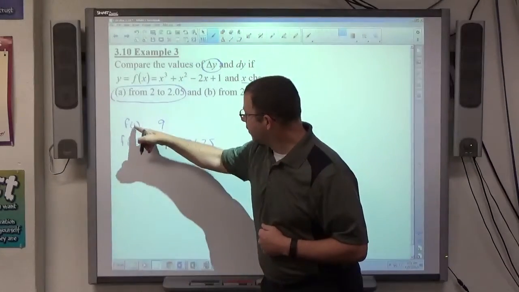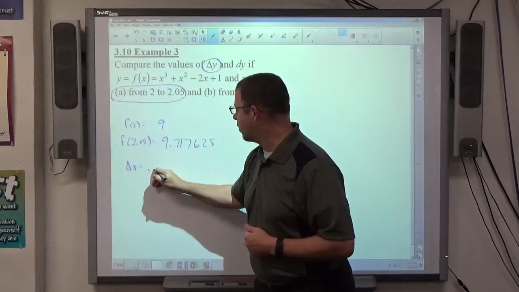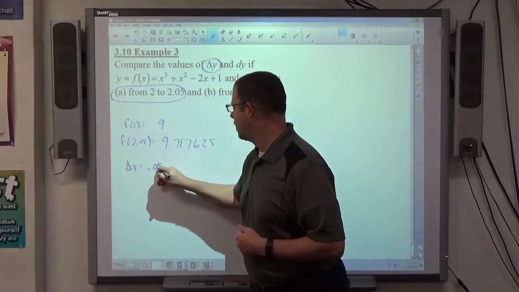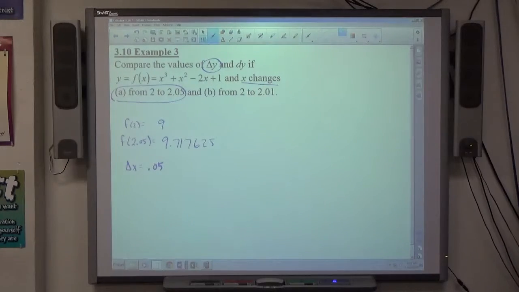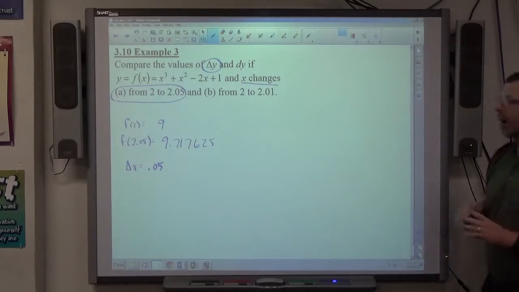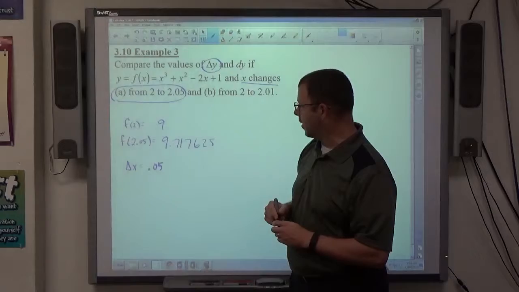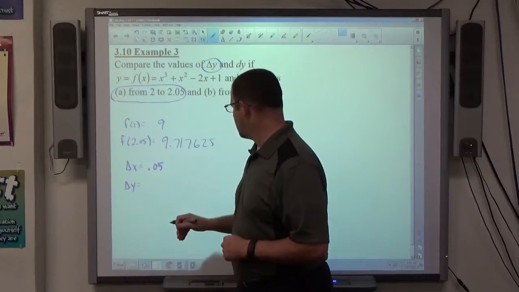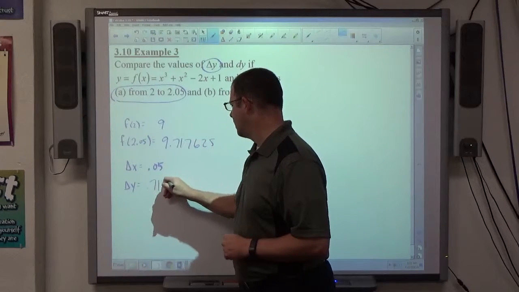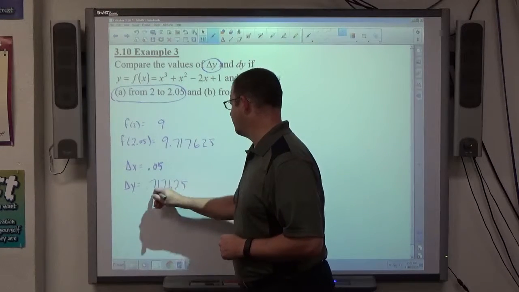So if I'm going from 2 to 2.05, delta x was 0.05. That might be necessary in a little bit. If I want to find delta y, these are the y values, 9 and 9.717625. So delta y in that situation is 0.717625.